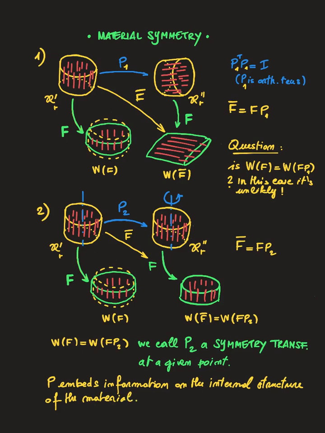For example, we will see that in the case of wood, P has to be aligned in a certain direction. And in the case of other materials, this P shall correspond with any possible rotation. But this is very important because in this way we will be able to write expressions of the strain energy density for different classes of materials.